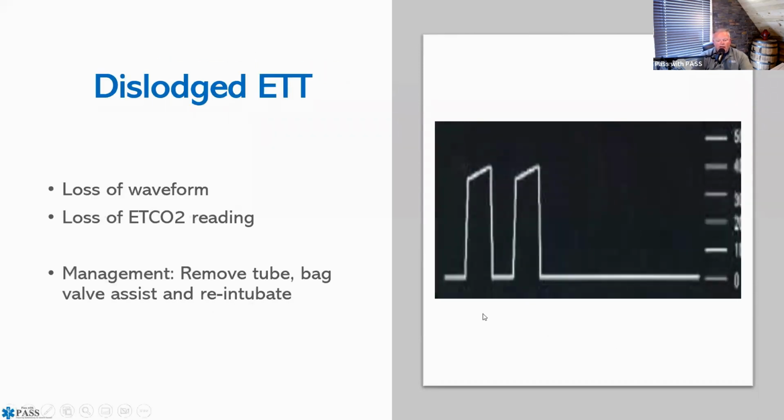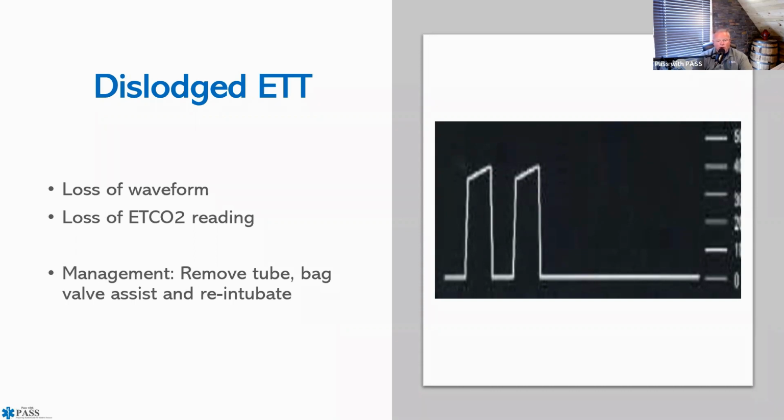So if we have a square and then all of a sudden we lose that square, that would be concerning to us. What that is telling you is that you've had a dislodged endotracheal tube. If you have a square and then you lose your waveform, you need to be troubleshooting. What probably has happened here is one of two things.